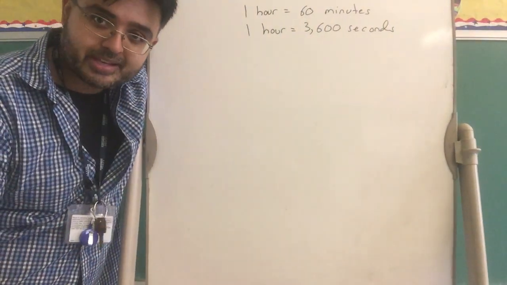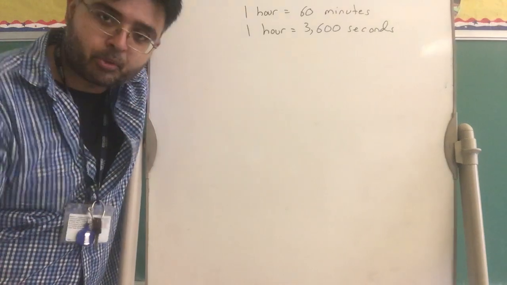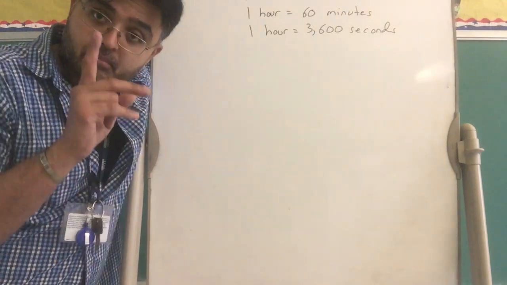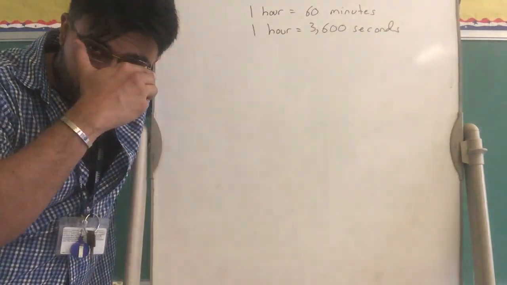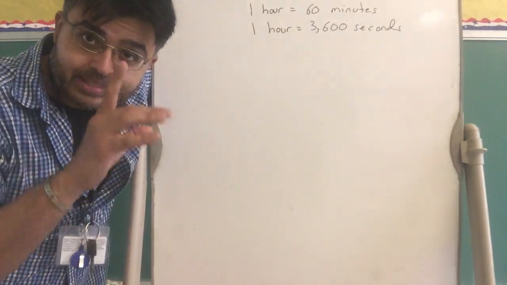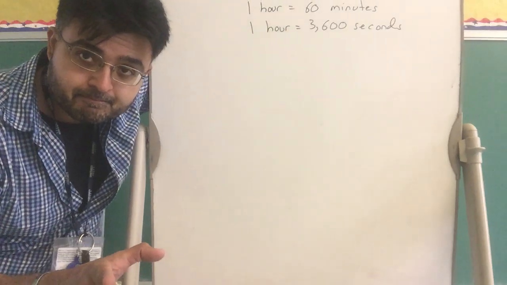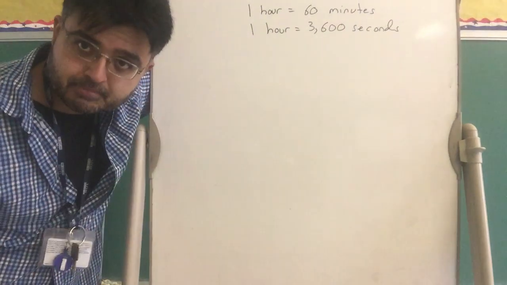Kids have to memorize that by heart. It's absolutely important for them to do so, because using this information, we will try to figure out how to change decimal time into proper hours and minutes.